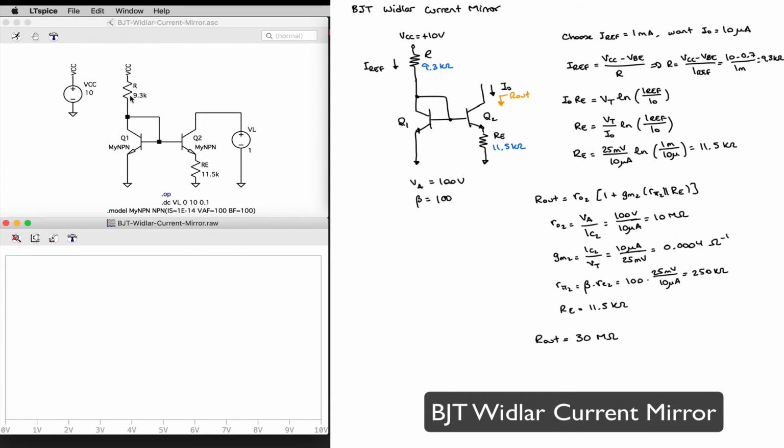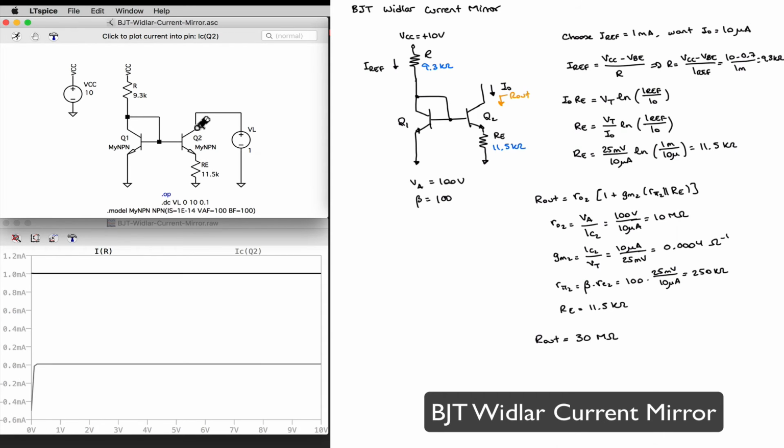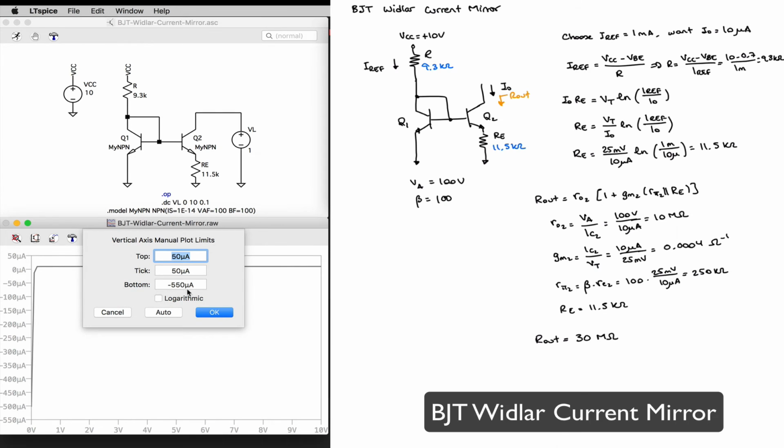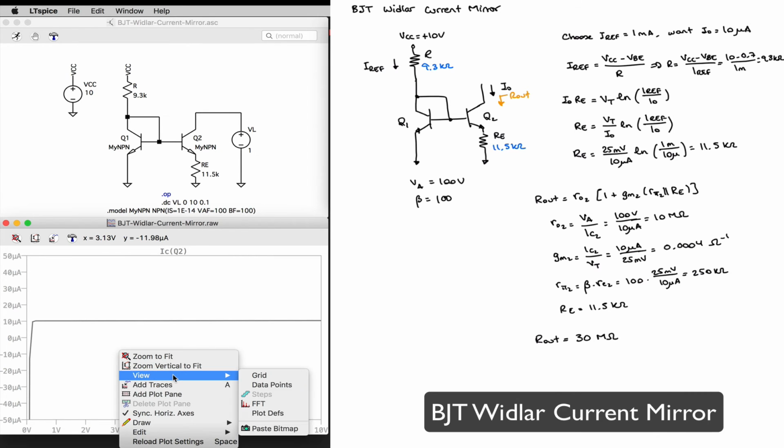And now my reference current should still be 1 milliamp, which it is, roughly 1 milliamp, but my collector current at the output is going to be something very small. We can zoom into it. Change my axis here so we can see it more clearly. It's around 10 microamps.